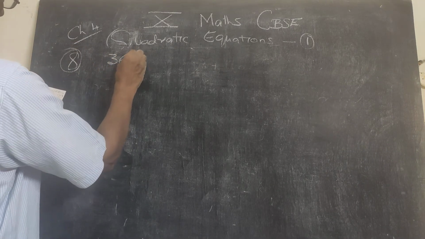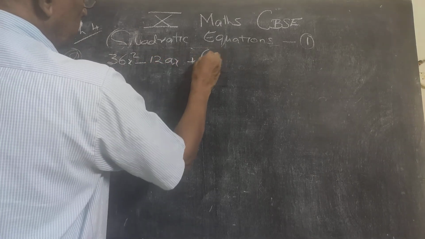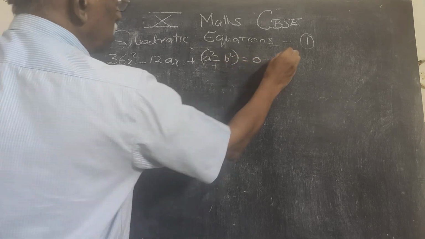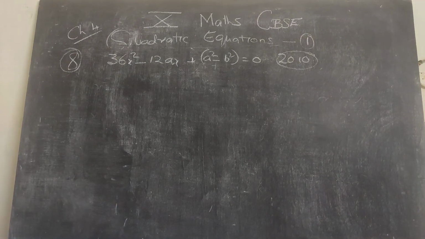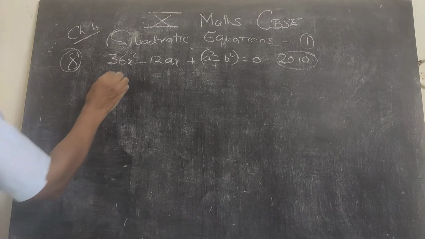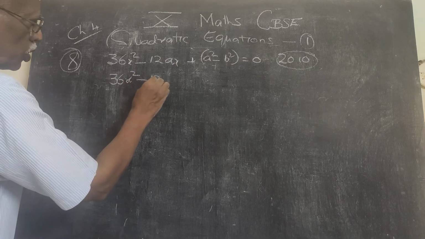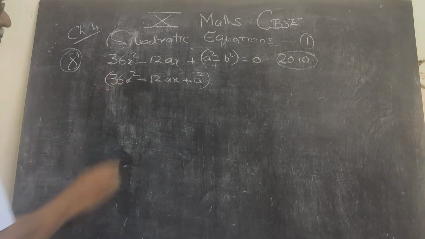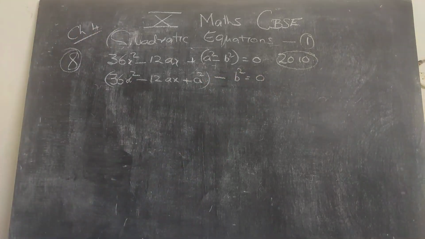36x square minus 12ax plus a square minus b square equal to 0, asked in 2010. You rewrite the problem: 36x square minus 12ax and a square, and separately minus b square equal to 0.